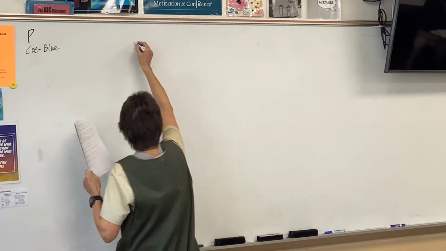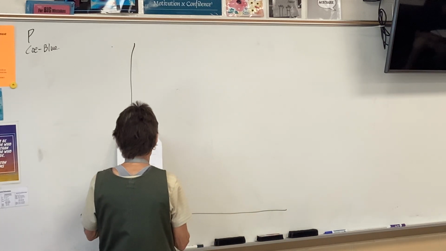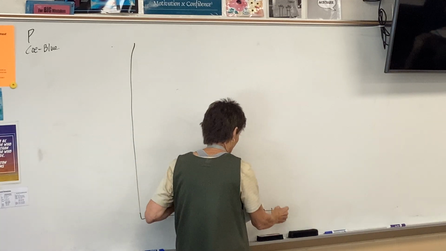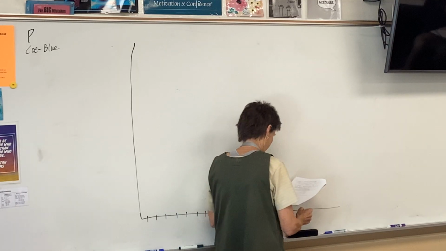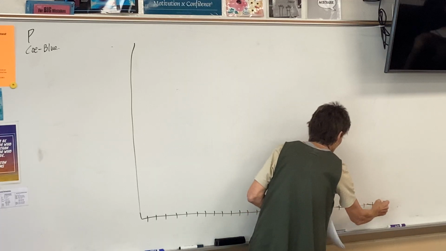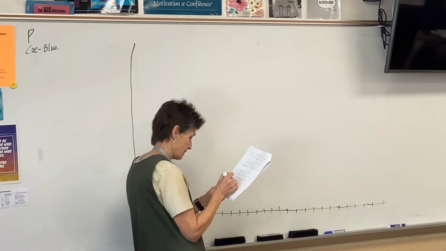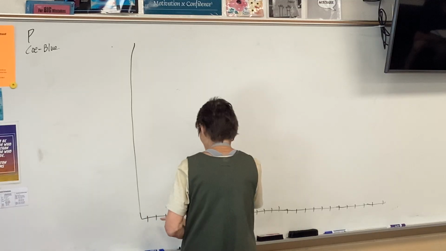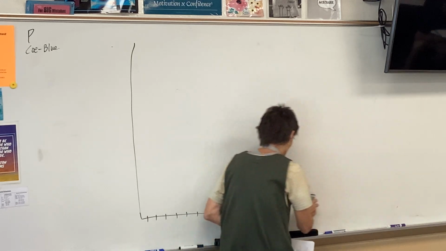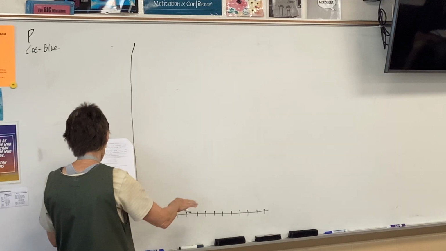I'll set up a grid for you. Like these hash marks are, 14 of them down there, I think.